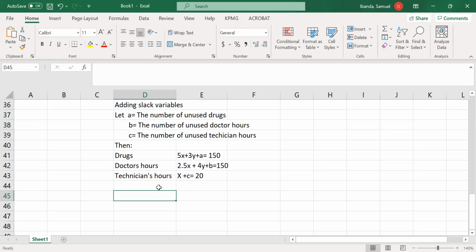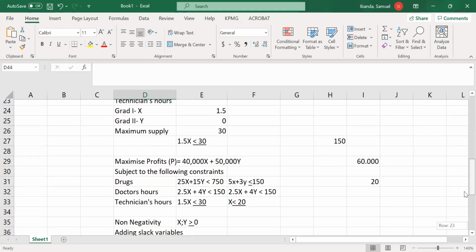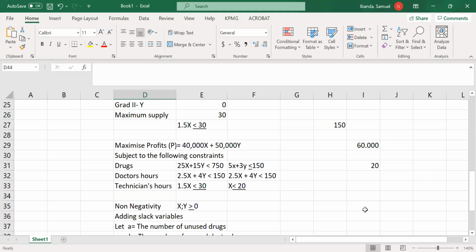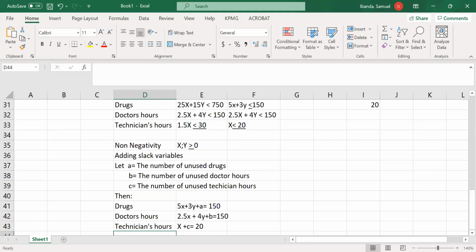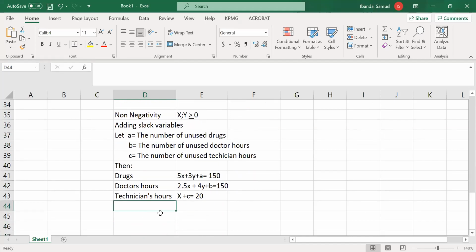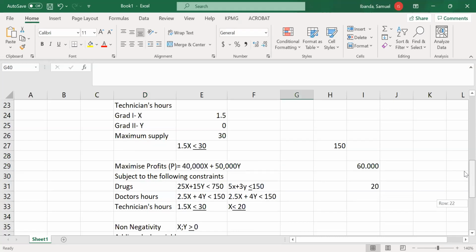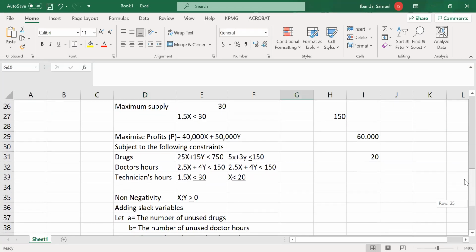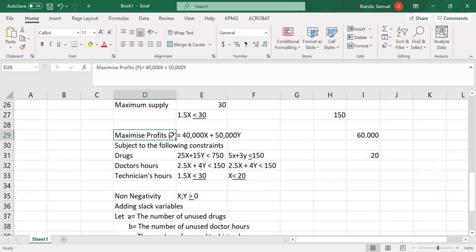Our objective function, which is to maximize profits, which is P is equal to this one, we are going to make this equation equal to 0.